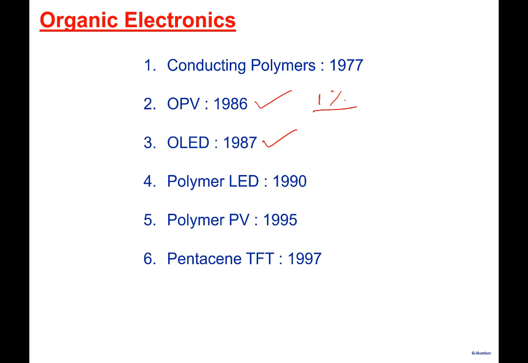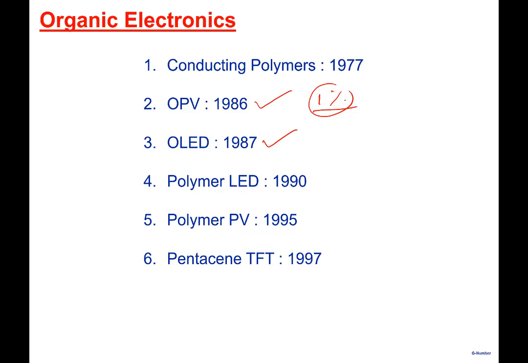In 1986, a 1% efficiency solar cell. It's a major breakthrough because before that, the efficiency of organic solar cells was around 10 power minus 2, 10 power minus 3, that kind. So it was very low. And more than that, they showed a path that, well, you have 1%, but if you follow this particular path, the efficiency can be steadily improved.